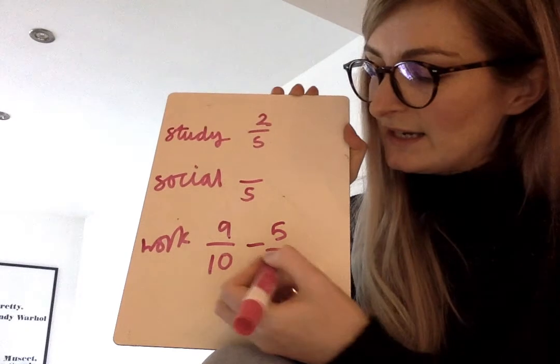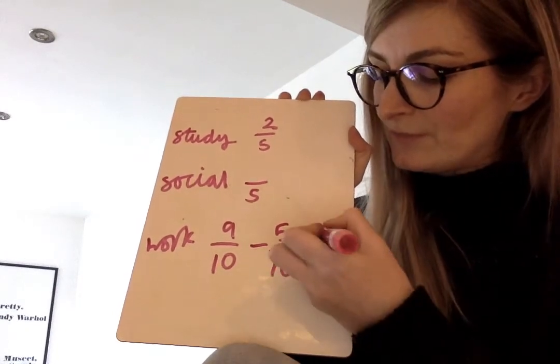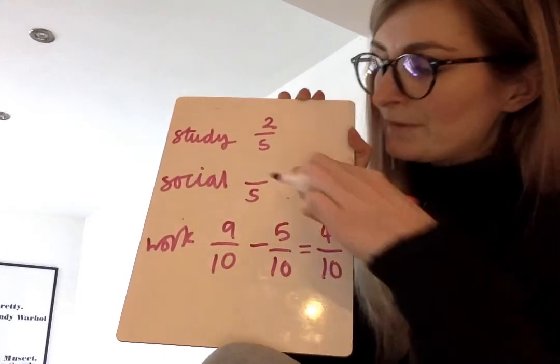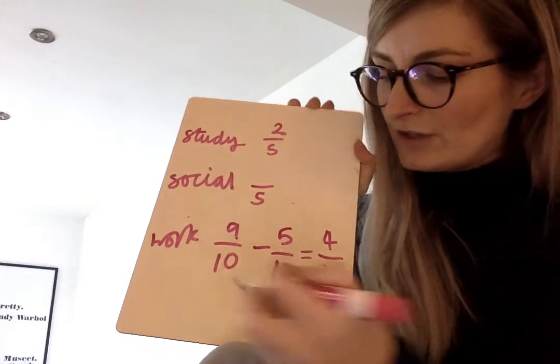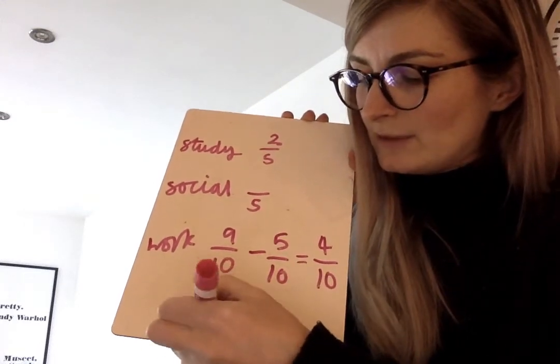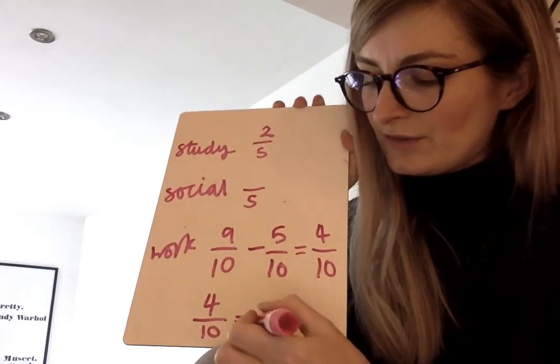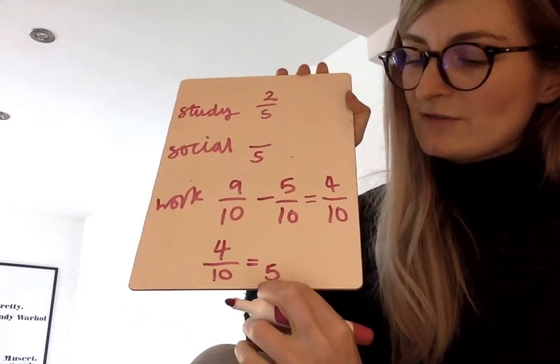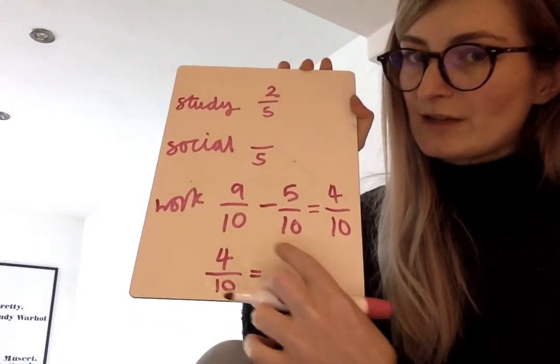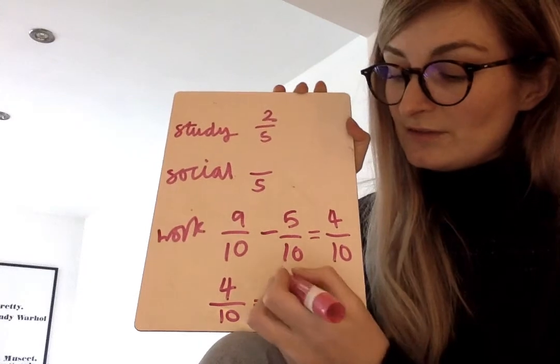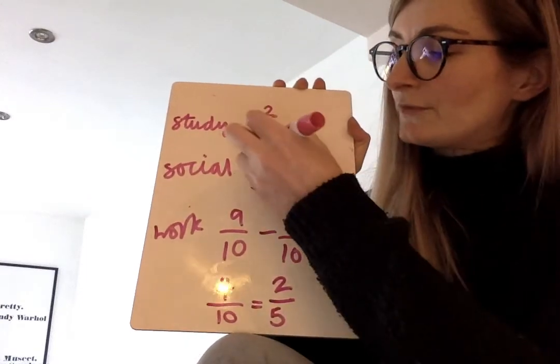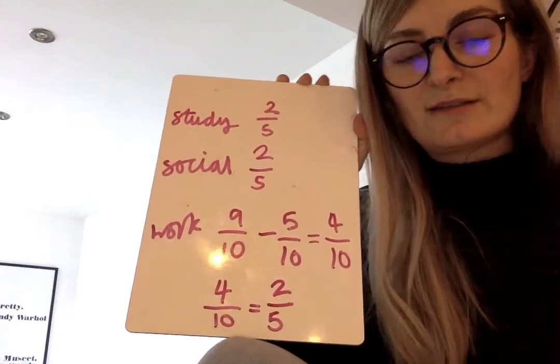So 9/10 subtract 5/10 is 4/10. But it's asking for my answer in fifths, so I've got to do 4/10 equals how many fifths? To get from 10 to 5, I divide by 2. So to get from 4, divide by 2 is going to be 2. So it will be 2/5 in your first box.